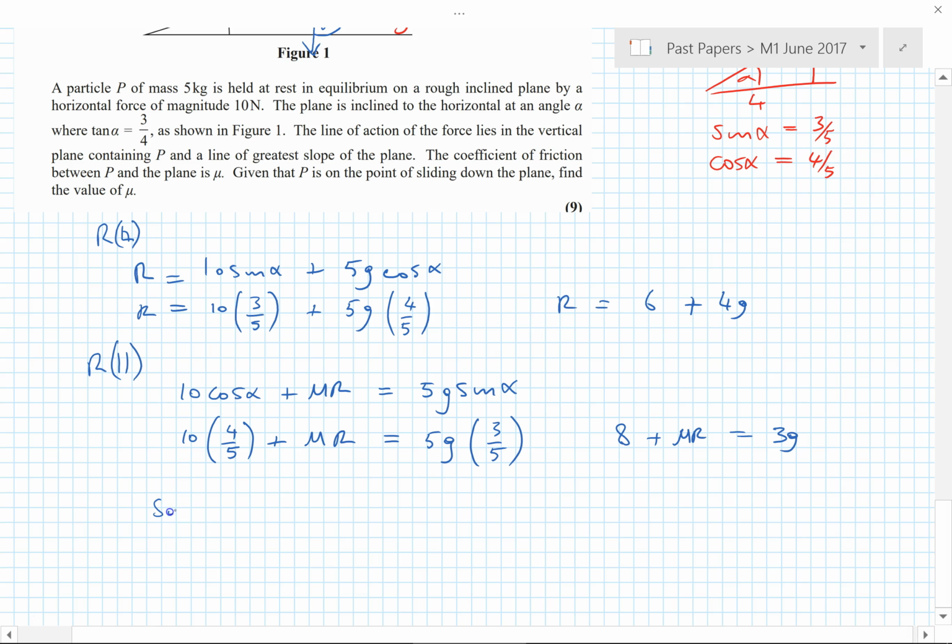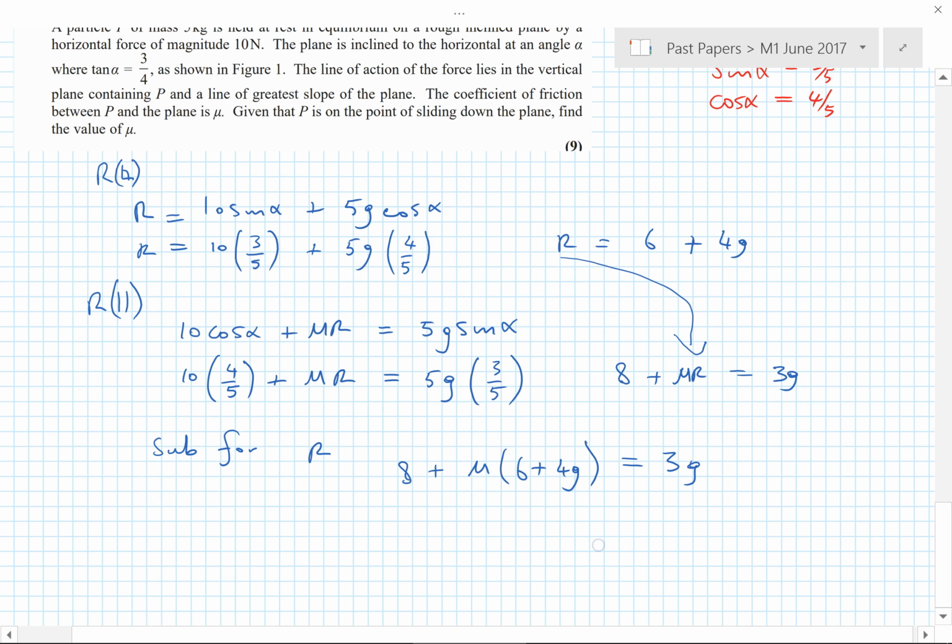So substitute for R. So we have 8 plus mu times (6 plus 4g) equals 3g. That's substituting for R into there. So just doing a quick manipulation of that, you get the exact value of mu is equal to (3g minus 8) over (6 plus 4g).